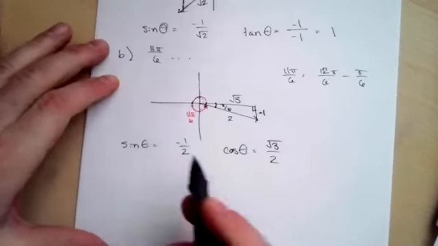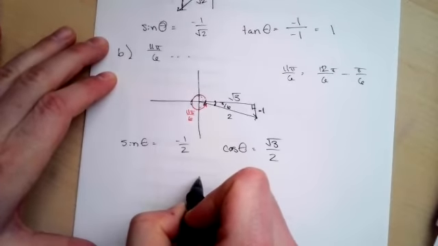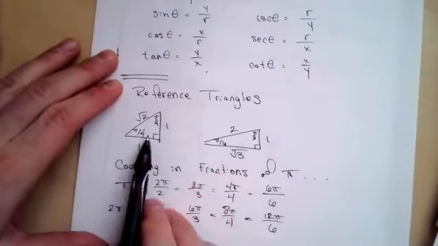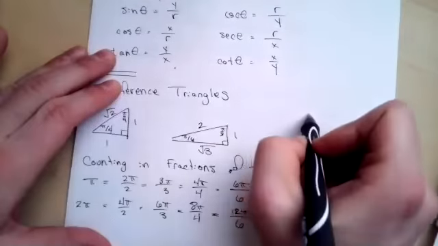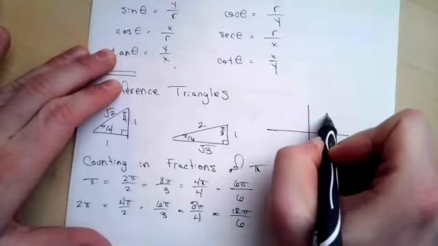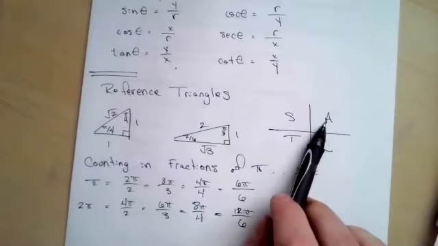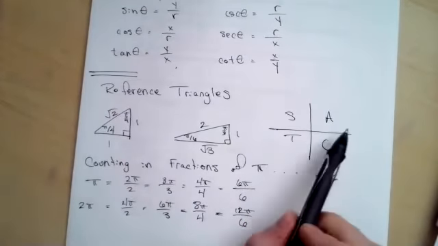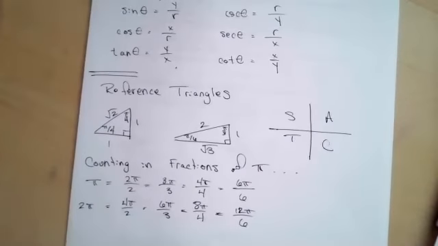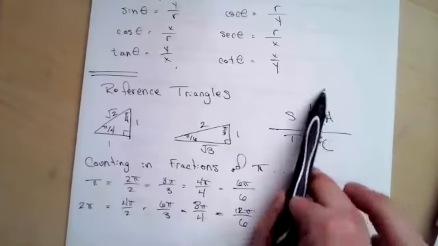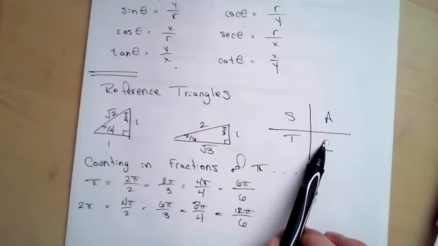So with that, another handy reference thing in terms of things you may want to memorize, other than our reference triangles, is this chart here. Mnemonic device, all seniors take calculus, or all students take calculus is commonly used. What this tells us is which trig functions are positive in which quadrant.